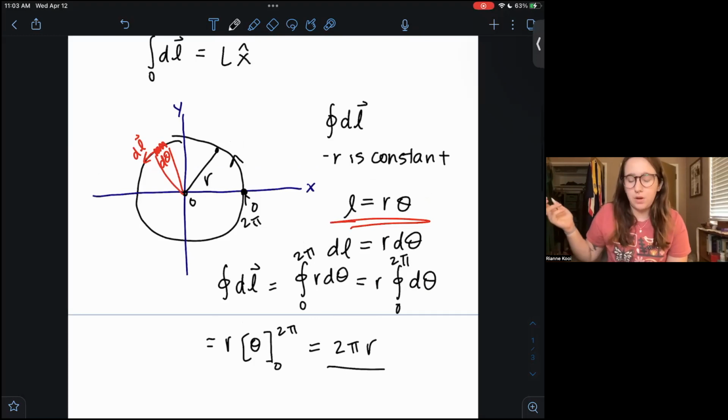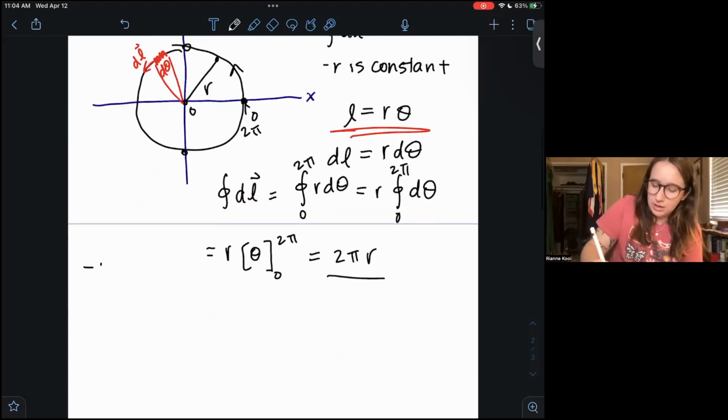So we kind of just derived the circumference of a circle. But an important thing to note is that I chose that our line integral was going from 0 to 2 pi. We have to keep in mind that it is equally easy to say that we start at 2 pi and go to 0, or that we start here or here and make a loop. We're going to get the same answer, but the direction matters. That is one important thing: direction matters.